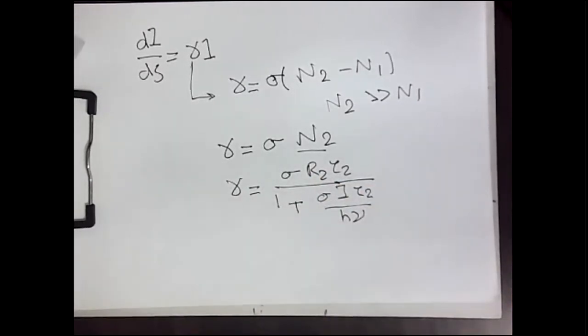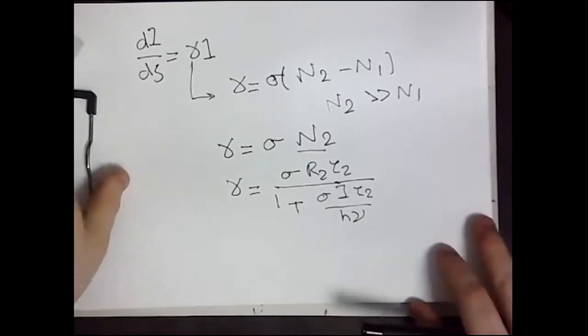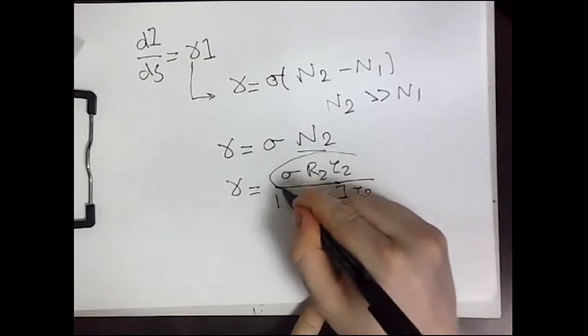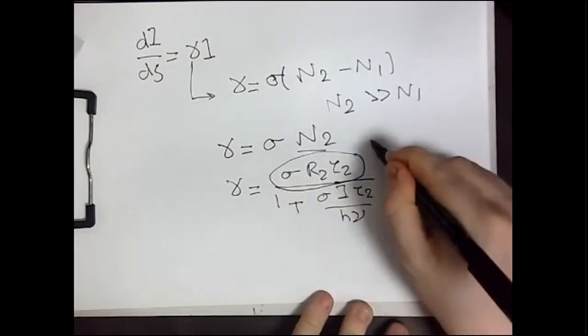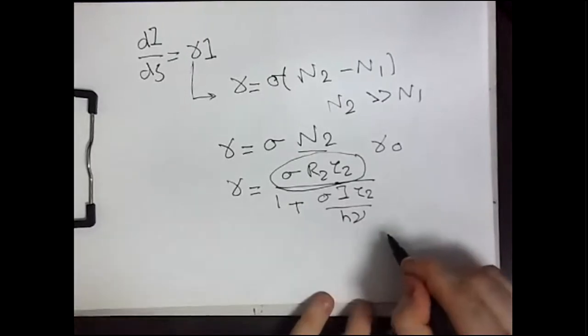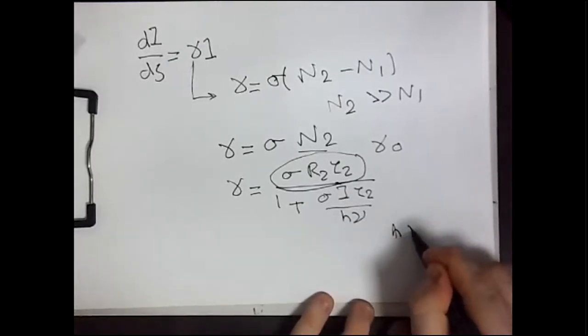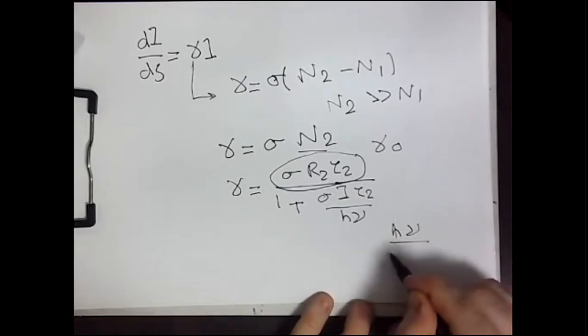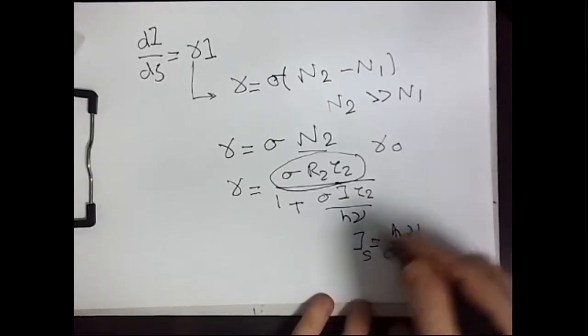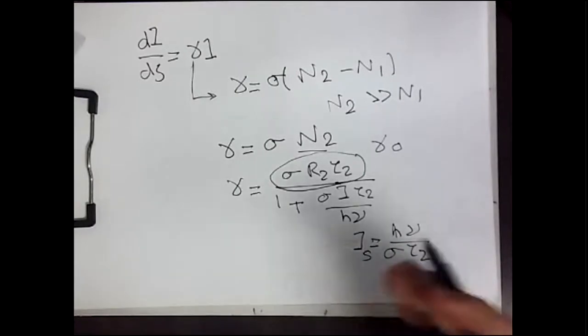Okay, where is the issue? Let's call this term gamma naught, and let's call the term h mu over sigma tau 2, or any constant, just to make the equation easier, I_s.